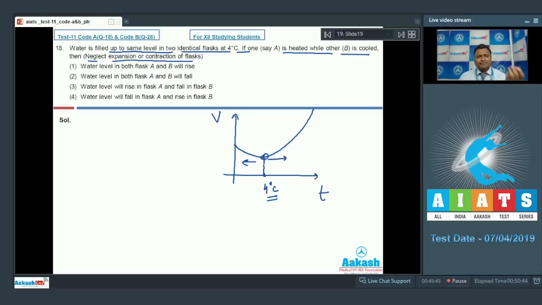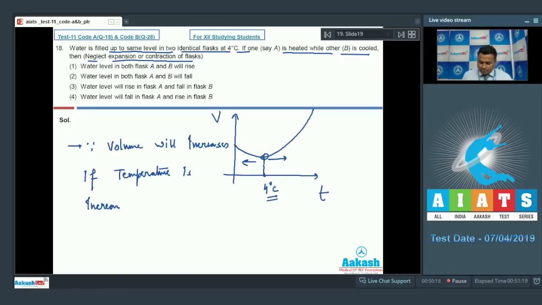So in both the cases, whether we are raising the temperature or we are decreasing the temperature, the volume will increase. So that's why the water level in both flasks will rise. Since volume will increase if temperature is increased or decreased from 4 degrees centigrade.